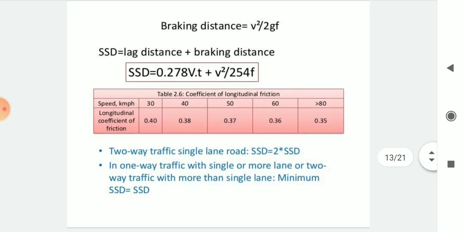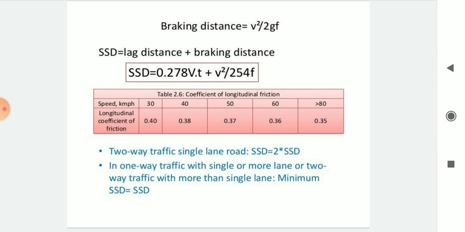So braking distance is equal to V square upon 2gF. Braking distance is the length of the road covered by the vehicle from the moment the brake is applied to the moment the vehicle comes to a halt, which is equal to V square upon 2gF.